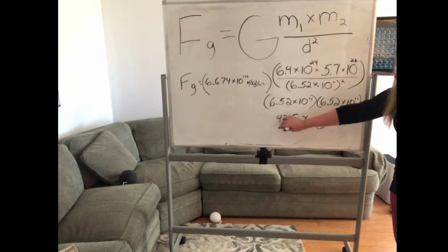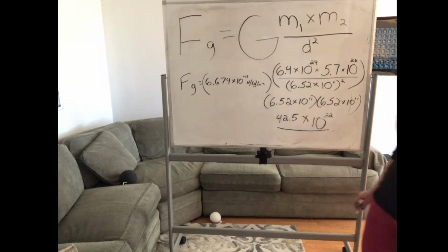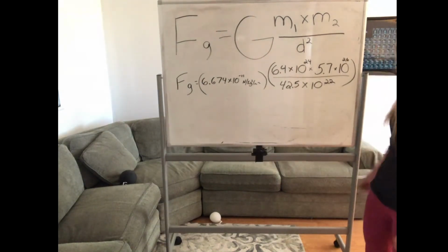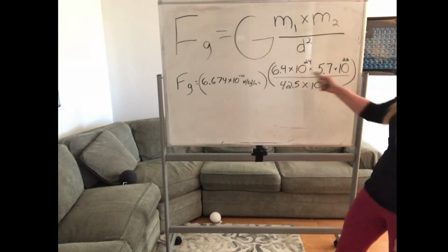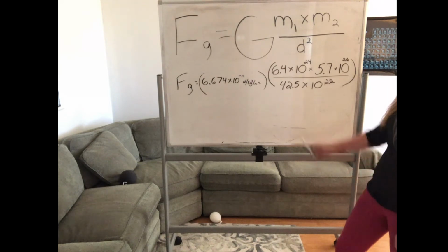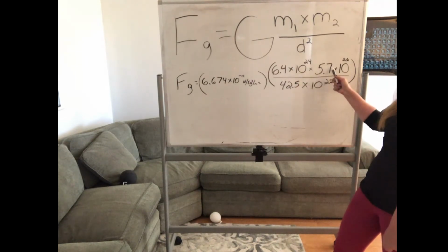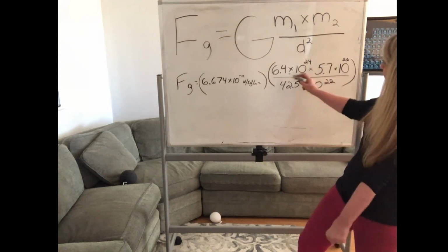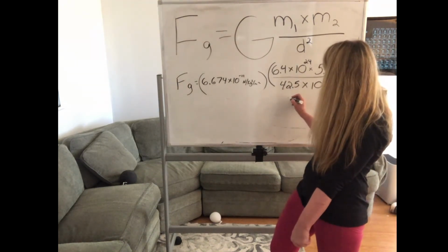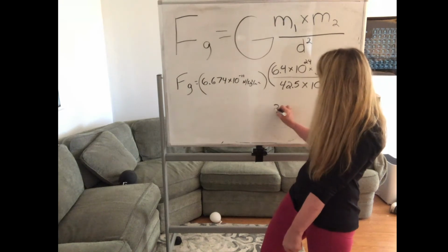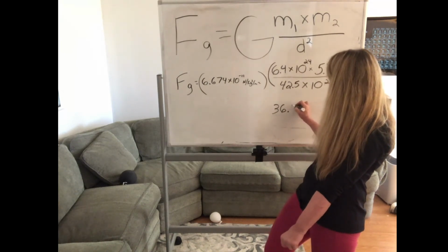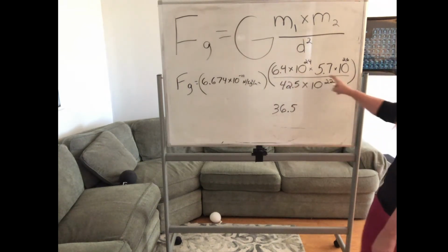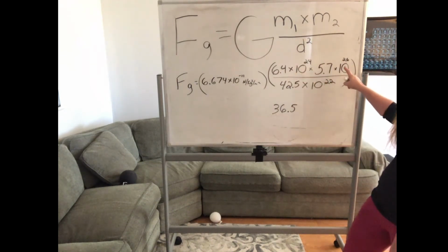So this is going to be the number in the denominator now. So I'm going to go back and just rewrite that number right here. We have this number times this number. So we're going to multiply this times this. So 6.4 times 5.7 is 36.48. So right now I am, let's say 36.5. Okay, so now we're going to just rewrite this numerator.